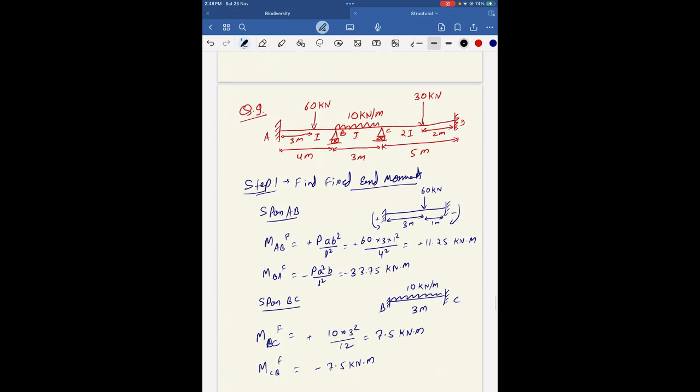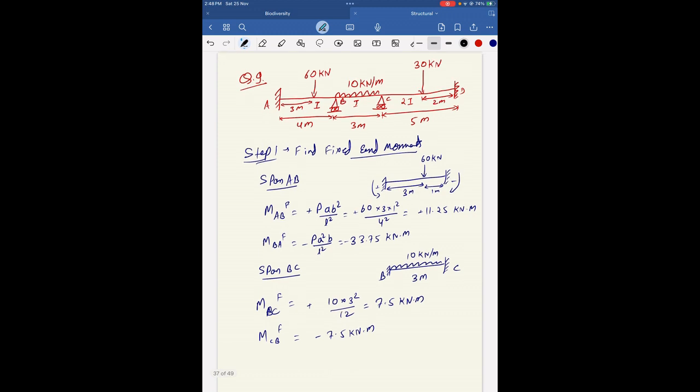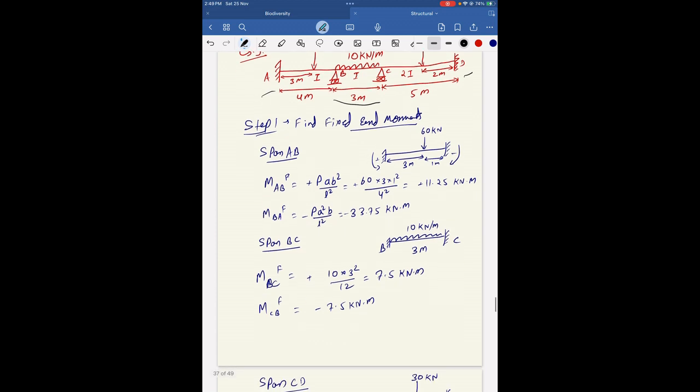Now we will see question number 9. This question is similar to the previous question, only a little bit different: A is a fixed support, D is a fixed support, B has a distributed load, B and C are pin roller supports.